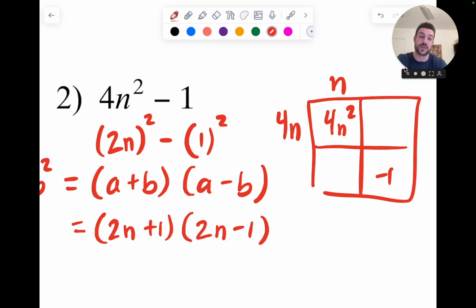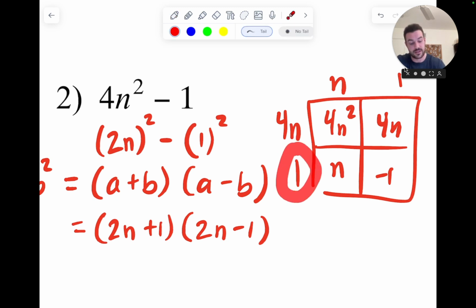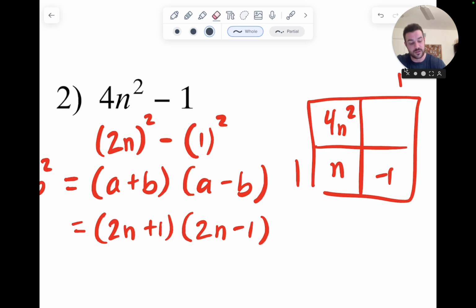If that were the case, we'd fill in from there and get a 1 and a 1 here, because those are the only factors of 1. We'd have 4n and n, and no matter if we made this one negative or that one, our diagonals would not cancel. The only way they cancel is if those values on the outside are the same.